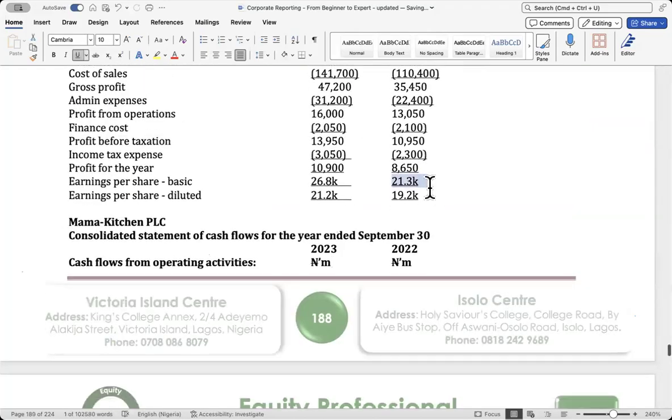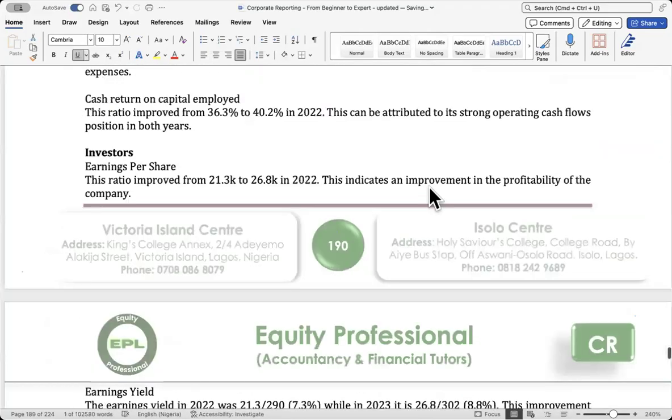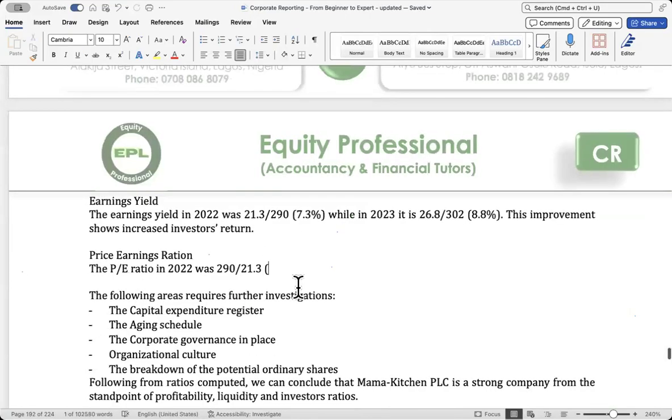So it's given, just lifting from the question. So on the calculator, 290 over 21.3 is 13.62.